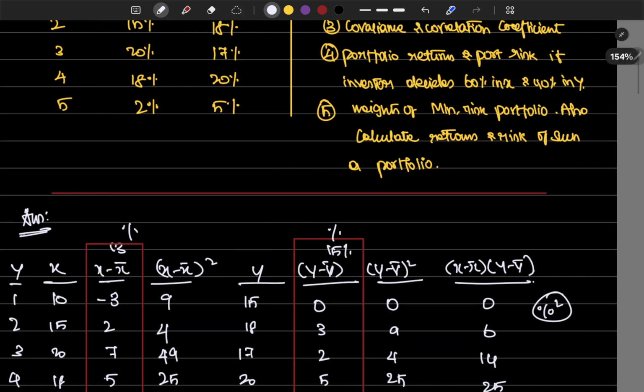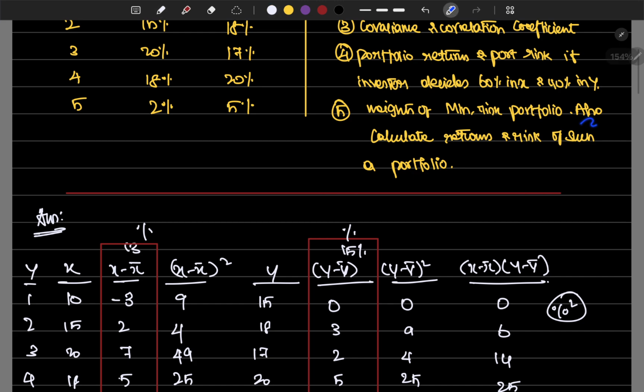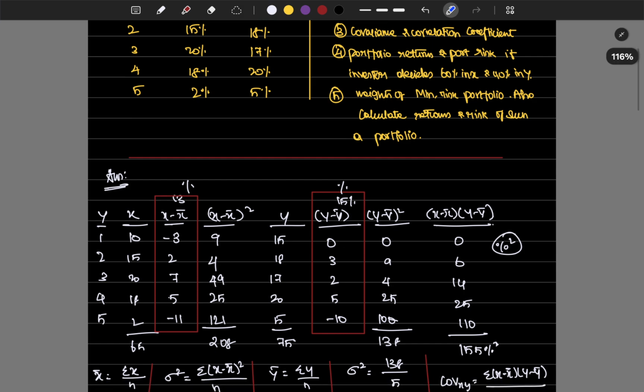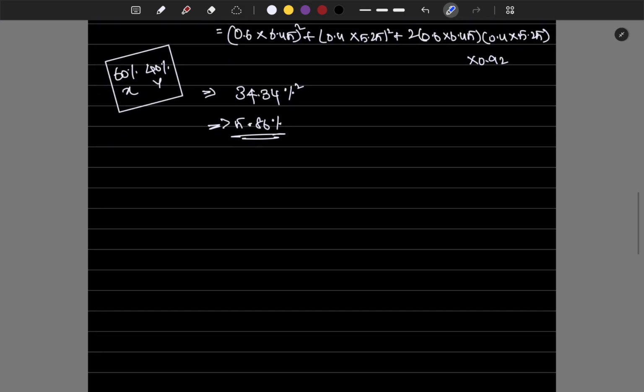Okay, what else have they asked? They asked for the reduced risk portfolio. They asked us to find out the weights which give the minimum risk of the portfolio. Shall we find that out? Weights of the minimum risk portfolio.